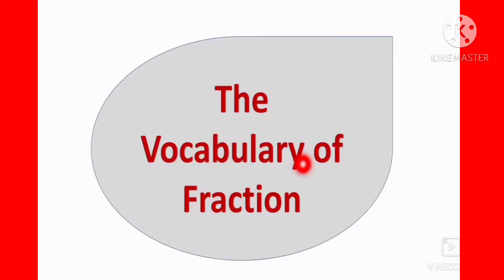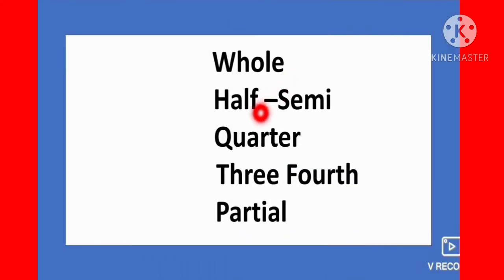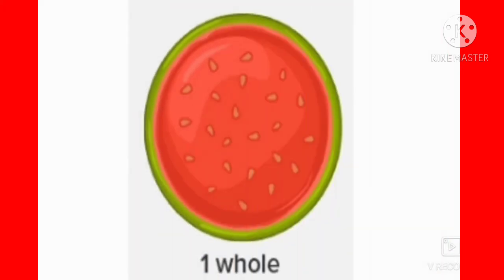Children, now let us see the vocabulary of fraction. How to name the fractions, how to read the fractions. Whole, half, the other name of half. We can read the fraction of half as semi, quarter, 1/4, 3/4, partial. Here, for example, let us take a watermelon, which represents 1 whole.